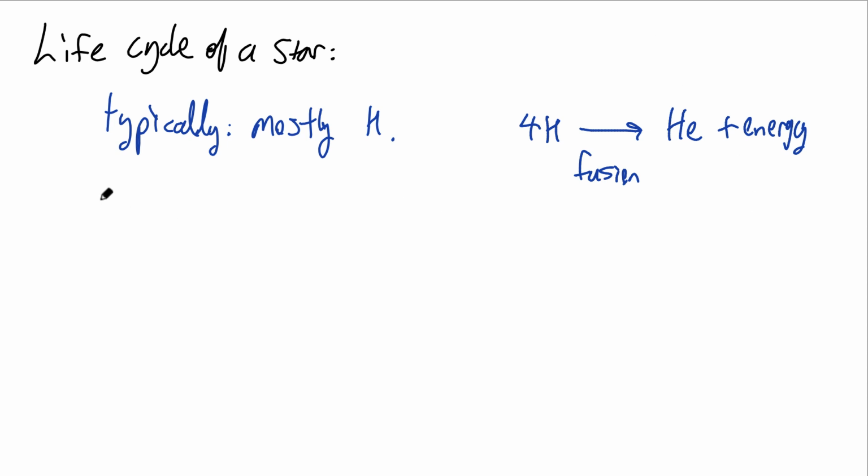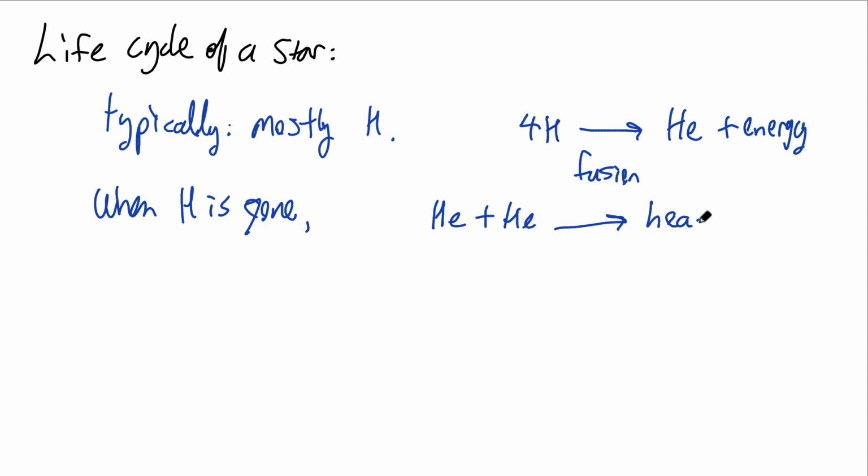Now, when the hydrogen is gone, the star can begin to fuse the helium nuclei together to form heavier elements. And this process can continue all the way up to iron.